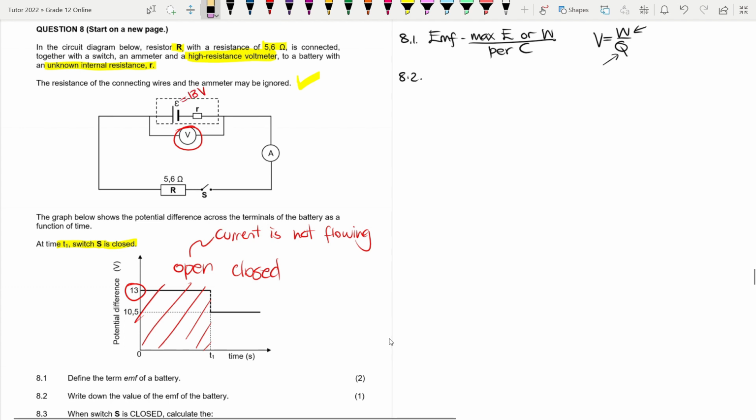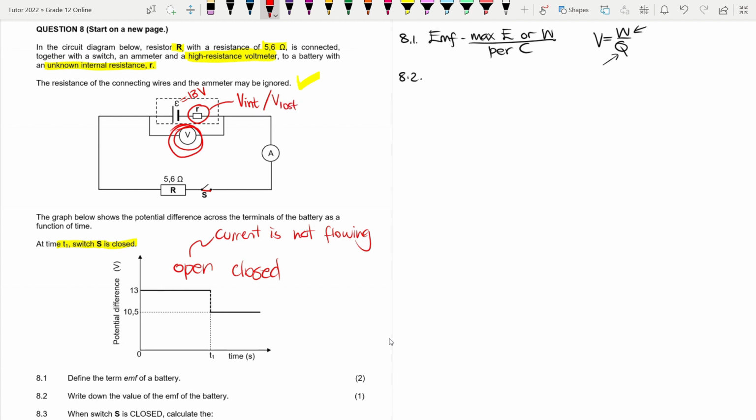And then when the switch is closed at T1, we see that the same voltmeter now records 10.5. What happened? This is because the current is flowing, so the internal resistance is using some voltage, which we call V internal or V lost.